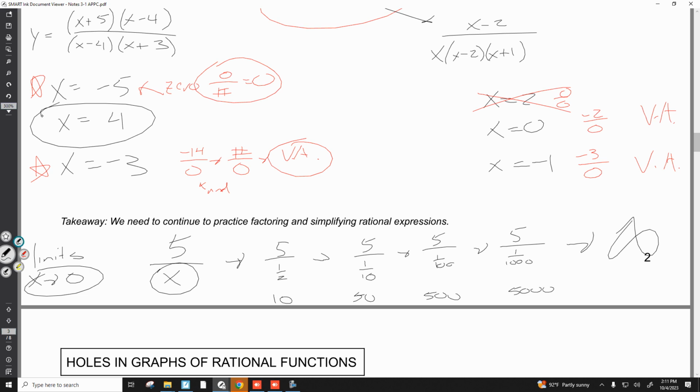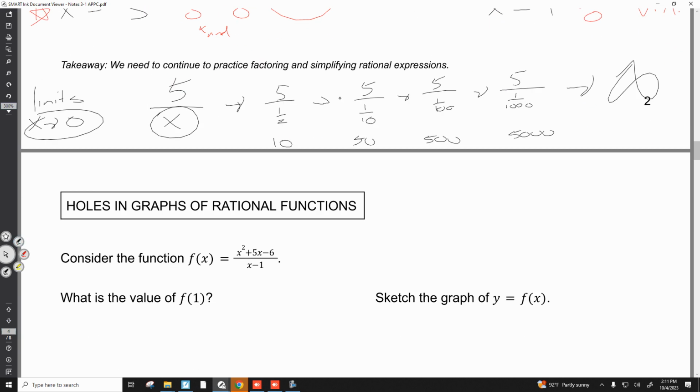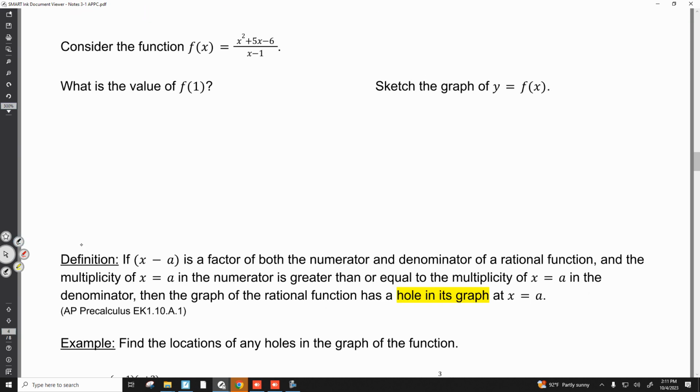Go back to y equals x plus 5, x minus 4 over x minus 4, x plus 3. We found zeros at negative 5.